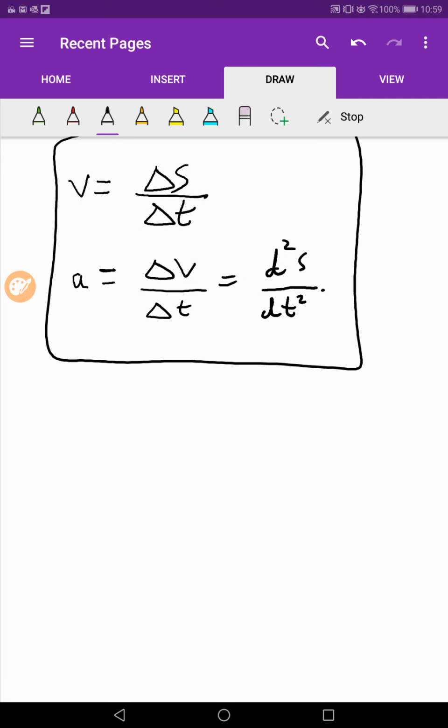Now, a particular example I just wanted to go through with you is to show you the power of a displacement time graph in different scenarios. Say, for example, we throw a ball up in the air.